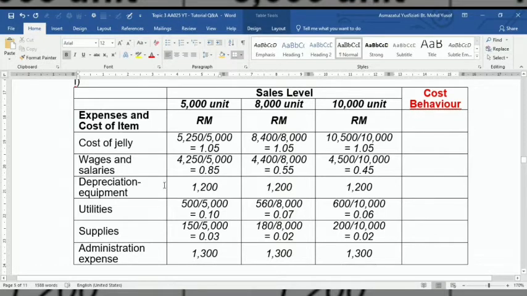Why? Because ciri-ciri fixed cost, what is the characteristic of the fixed cost? The total cost must be constant or same at all level. So that you can see here, depreciation equipment, okay, the total cost is 1,200 at all level. 5,000 unit, 8,000 unit and 10,000 unit. So, if the total cost is constant or same, so it is the fixed cost.